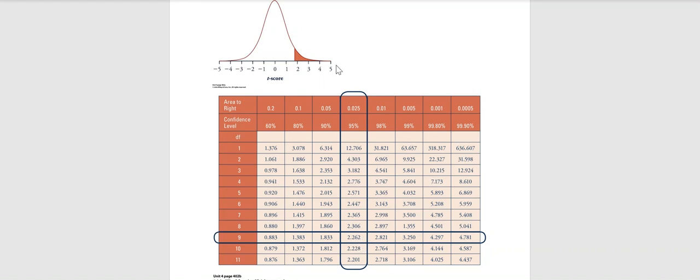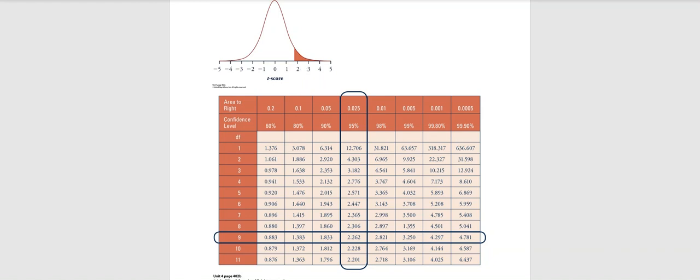So this would be the value for which the area under the curve to its right is 0.025. See, between the two tails, we must have an area of 0.05. This is a 95% confidence level, so the area under the curve to the right should be 0.025.